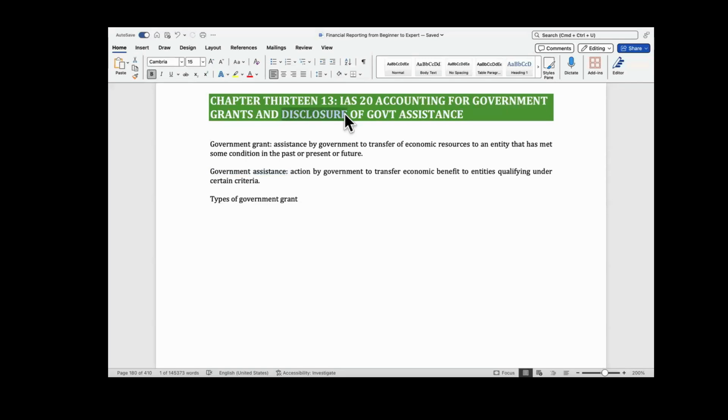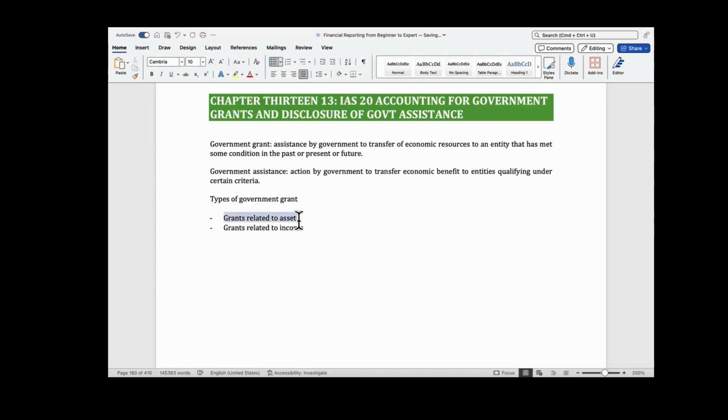You just have to disclose them. And that's why the topic of this standard goes that way. So, two types of government grants to look at very quickly: grants related to assets, and government grants related to income.